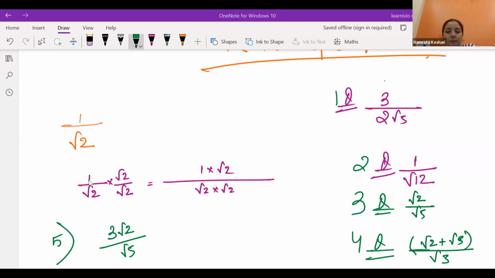Yes, Gauri, I can see your response. Yes, Farzuddin, what will be the answer for the first one?